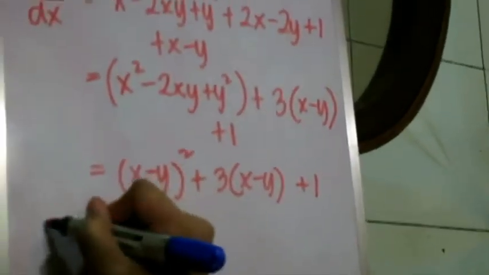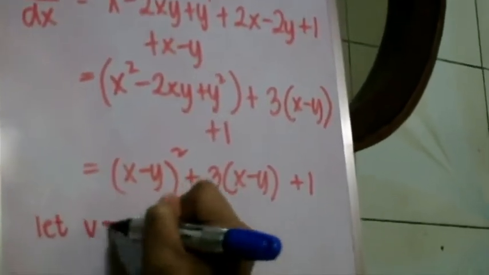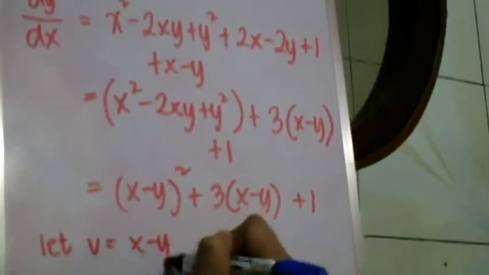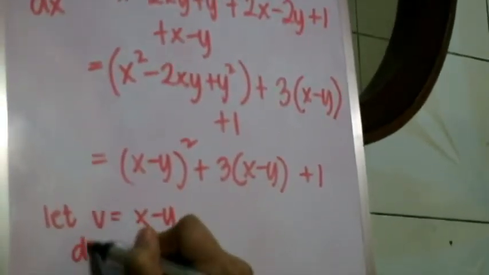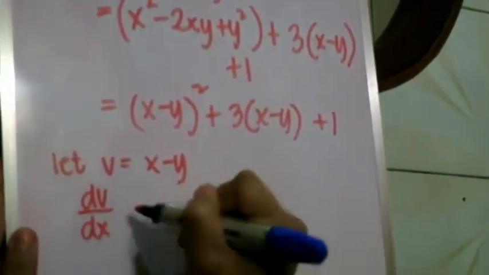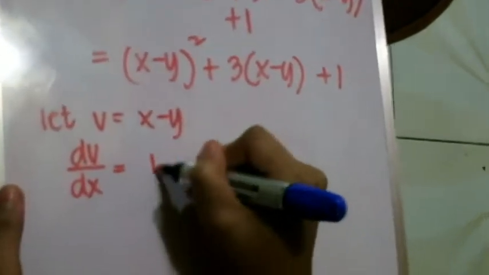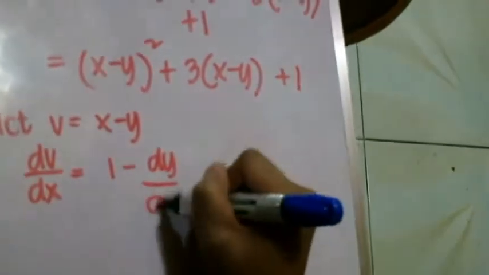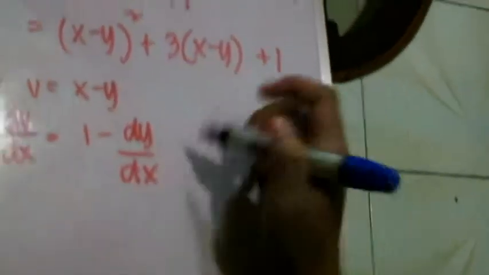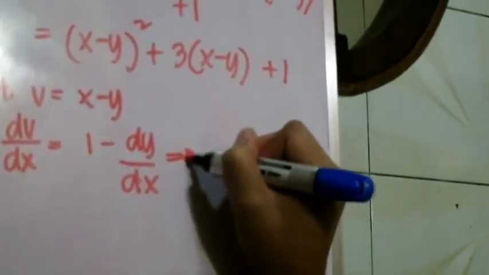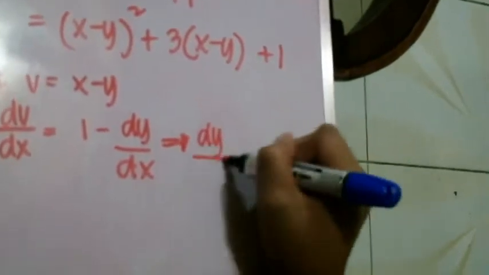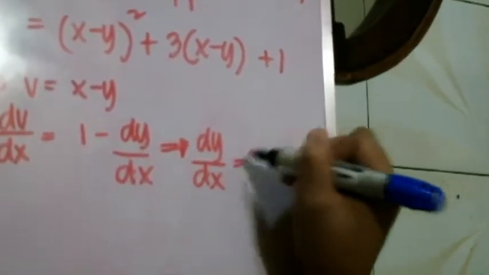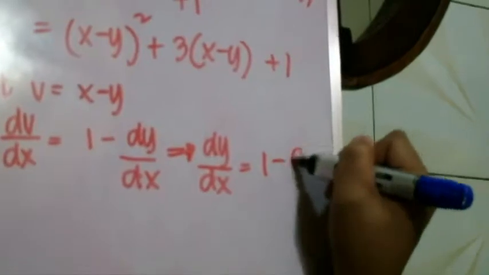Now, we let v is equal to x minus y. So we have dv over dx is equal to 1 minus dy over dx. So, giving us dy over dx is equal to 1 minus dv over dx.